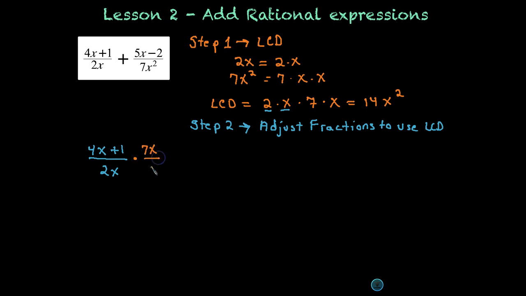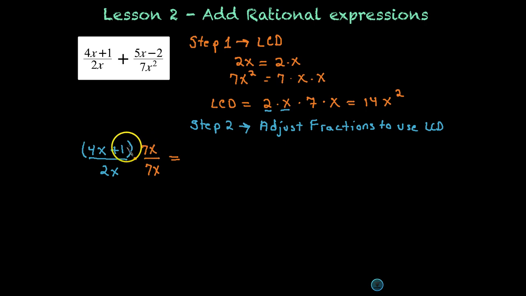And remember that this is a fancy form of 1. 7 over x divided by 7 over x is just 1. So we're not changing this at all. We're just getting it so that we have the lowest common denominator. Okay, let's go ahead and do that. In order to multiply 4x plus 1 by 7x, we need to use the distributive property.